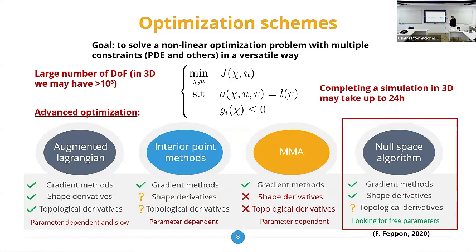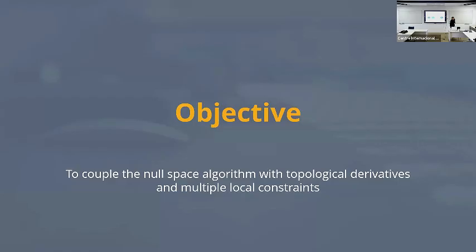So given the impact that this work had in the topology optimization community, our focus will be to extend precisely this Null Space algorithm also to topological derivatives in order to bring to the community an algorithm which is able to handle density and level set without the need to perform a lot of numerical experiments. Okay, so this is the objective of this part of my research, and also to be able to handle multiple local constraints.